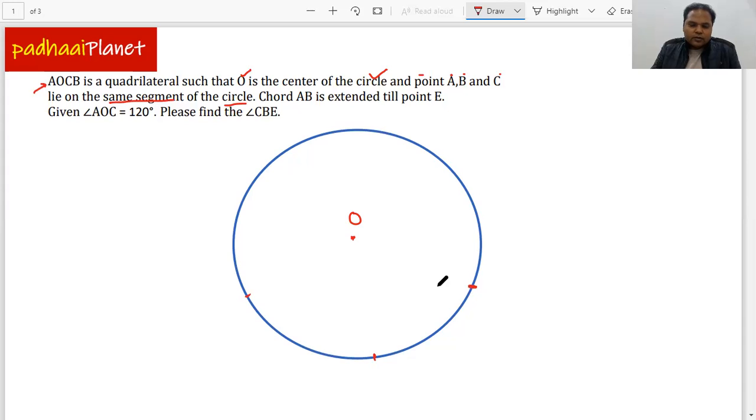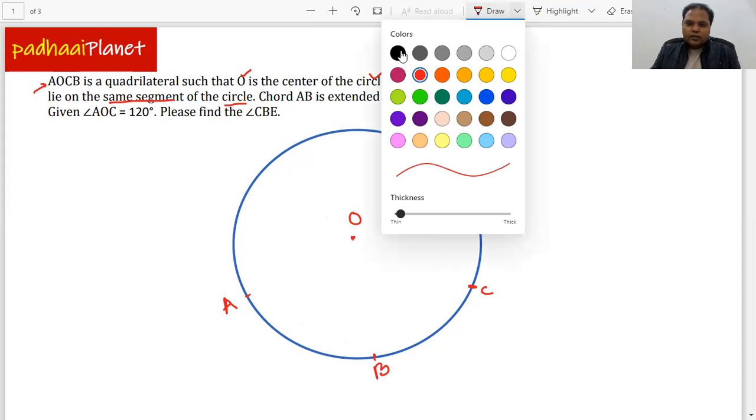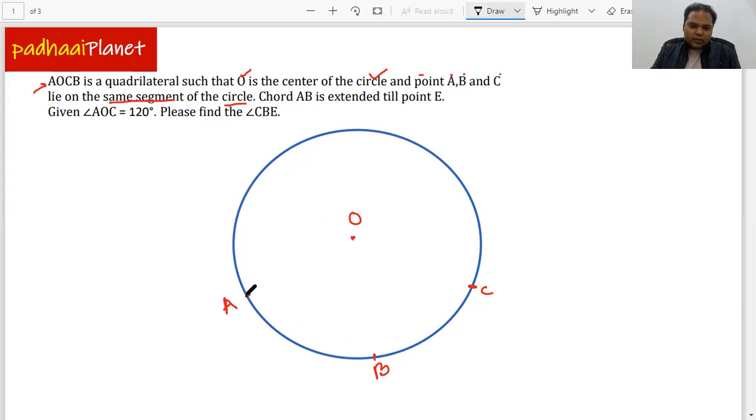Let me mark them: suppose this is A, this is B, and this is C. Now we connect these to make our quadrilateral: I'll connect A with O, and O with C. Then I'm connecting B and C together, and finally A and B also.